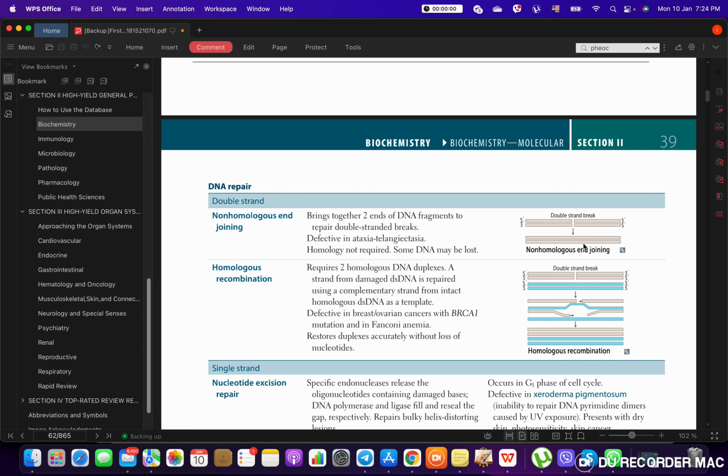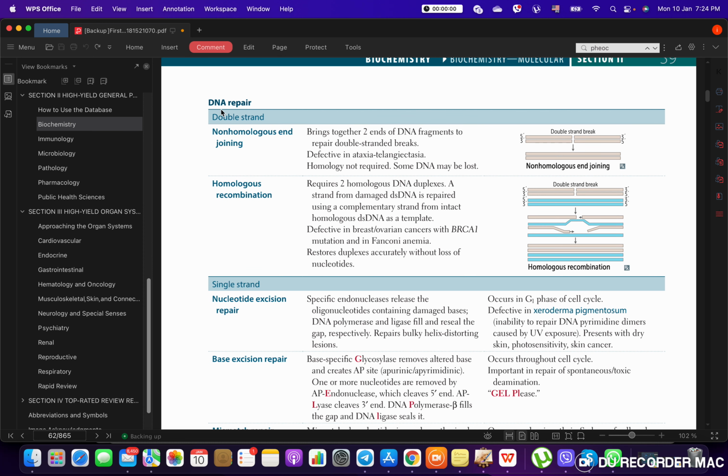The X-ray, irradiation, absolutely. Because if they get a defect, can they repair it? They cannot repair it. So what will they get? Cancer, absolutely. We don't want them to get cancer, so we reduce their exposure to radiation.